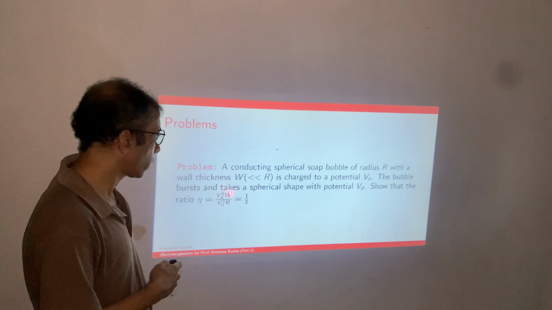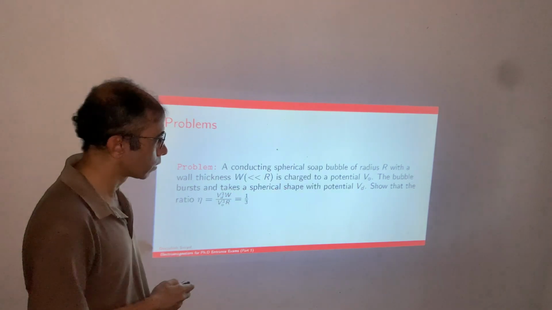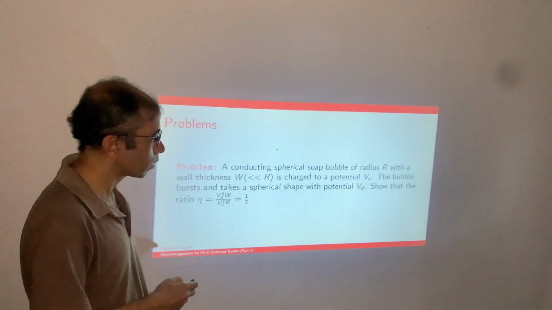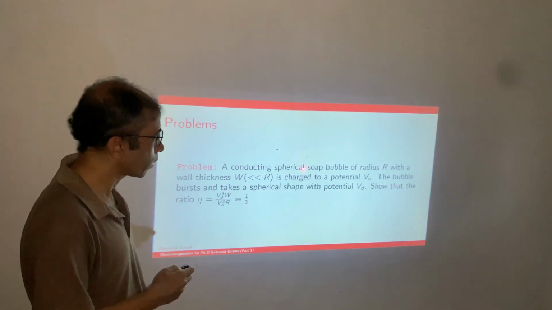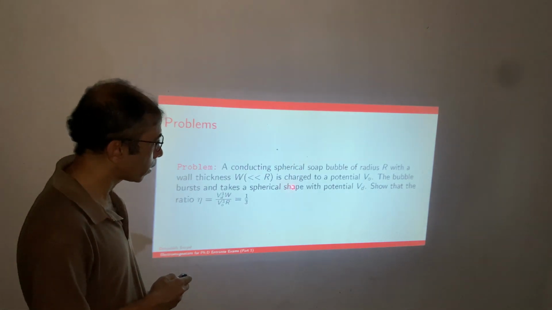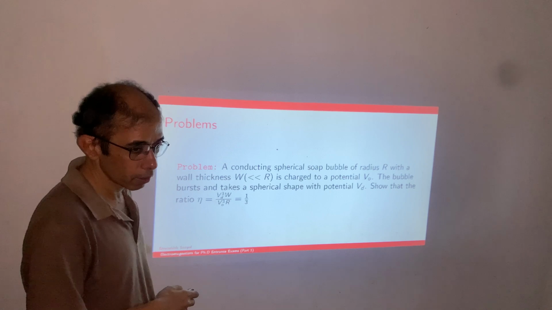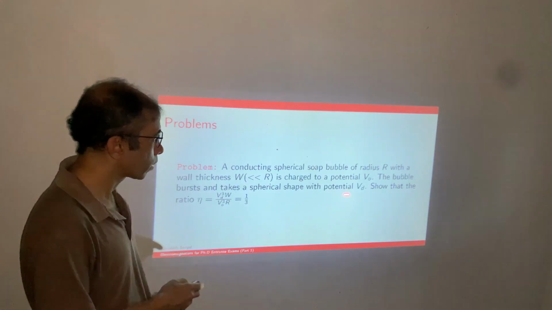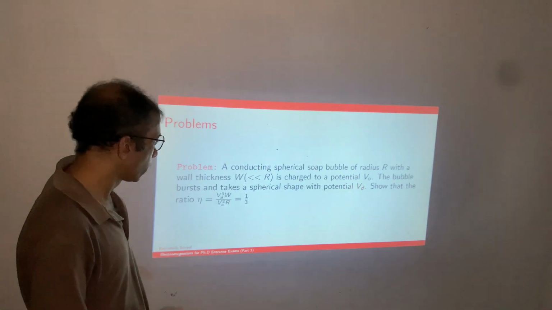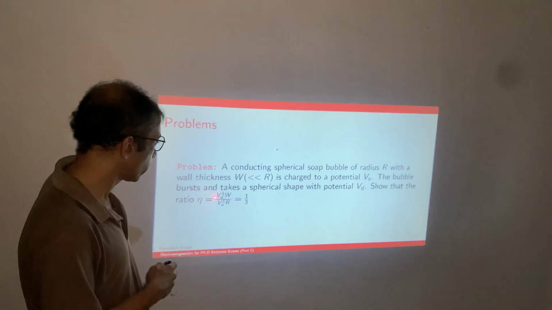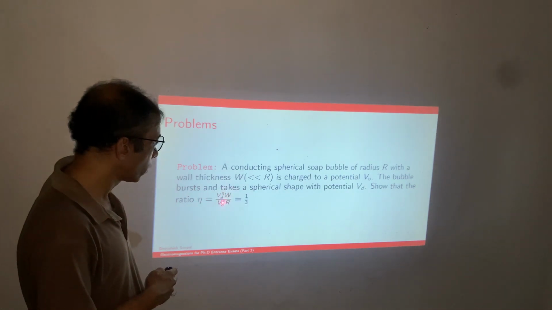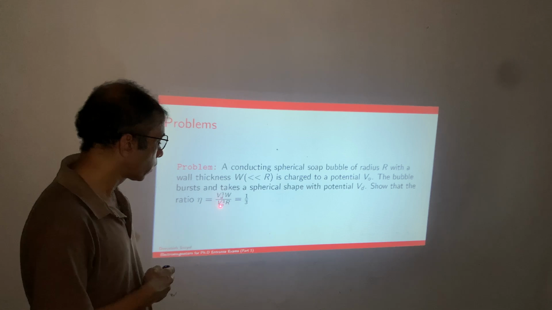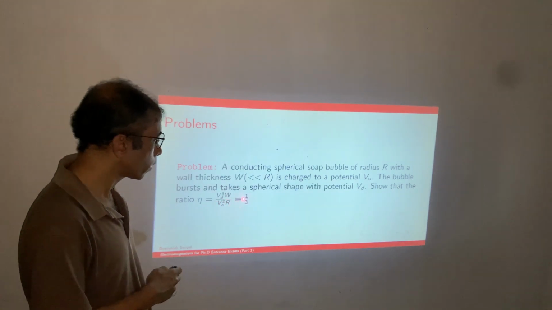The bubble bursts and takes a spherical shape with potential Vd. Now it's not a spherical shell, but it's a solid conducting sphere with potential Vd. Show that this ratio Vd cubed w divided by V0 cubed R is 1/4.